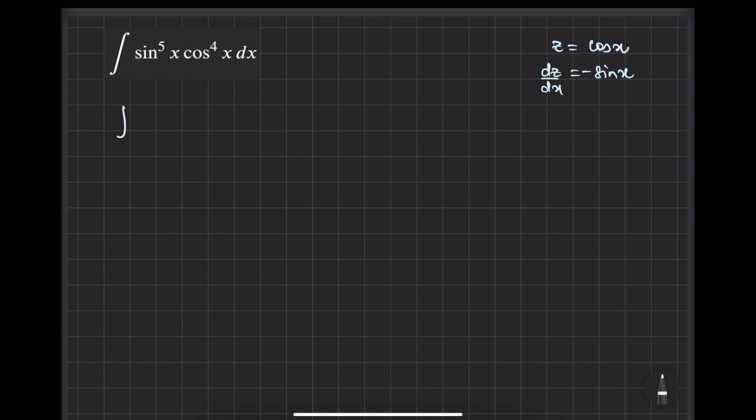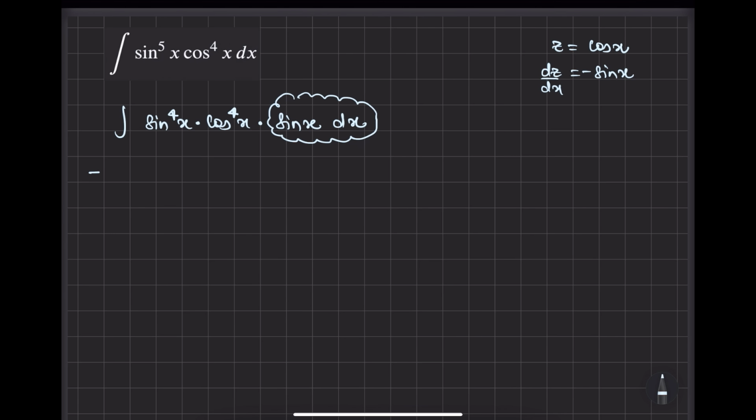Now look at the beauty. I will write this as sin power 4x cos power 4x sin x dx. Don't you think this will be taken over by dz or minus dz?